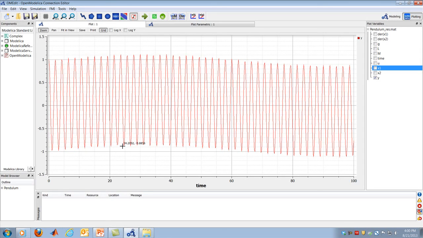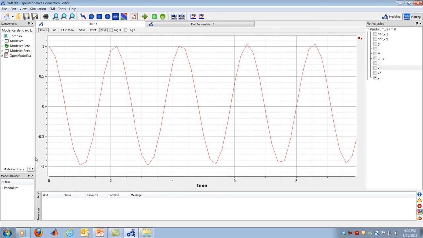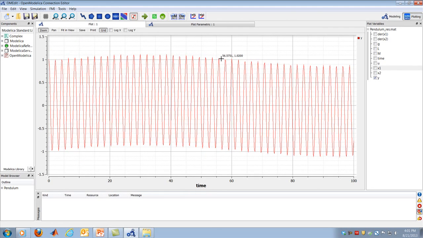But on top of that, I have a much slower sinusoidal oscillation due to the applied torque. I can zoom into this graph to see the details of the oscillations over certain time durations if I want, and I can go back and fit the whole plot in my screen again.